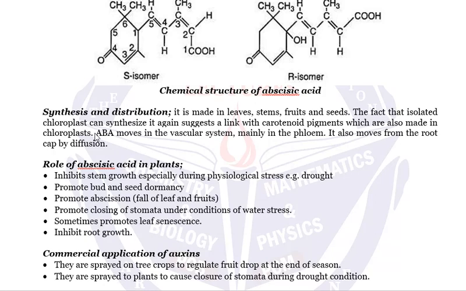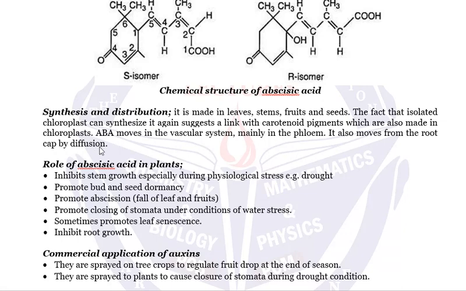Kwa hiyo chloroplast peke yake ana uwezo kutengeneza abscisic acid, na kuna link kati ya abscisic acid pamoja na carotenoids ambazo zinatengenezwa pia kwenye chloroplast. Hiyo link tutaenda kuidiscuss soon, tutakapoenda kudiscuss roles of abscisic acid. Abscisic acid moves in the vascular system, mainly in phloem. It also moves from the root cap by diffusion upwards.